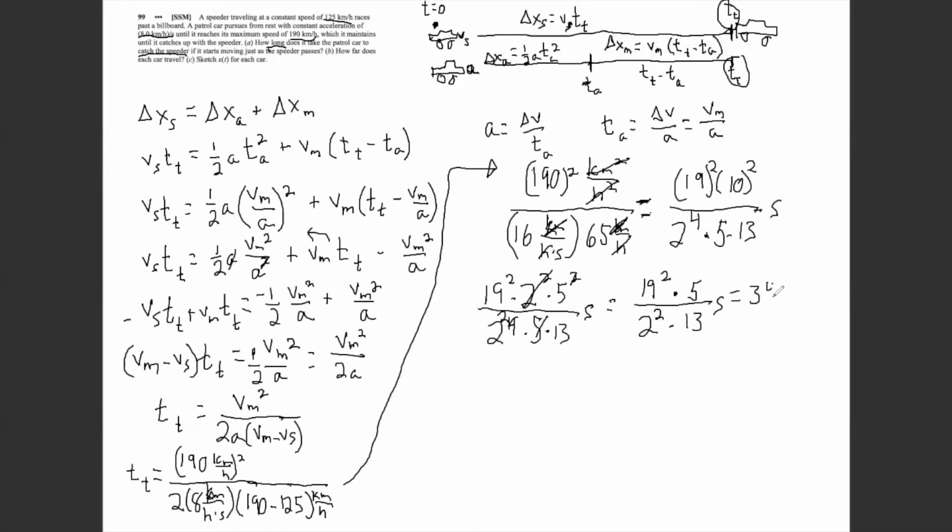So 34.711 seconds, even that's rounded actually, which is at significant digits, right? We've got 2 significant digits for our acceleration. So this is 35 seconds. So that's our time.